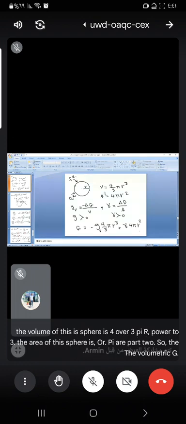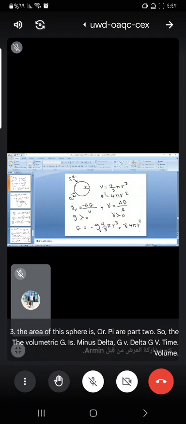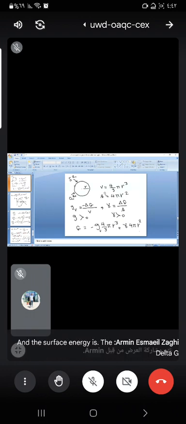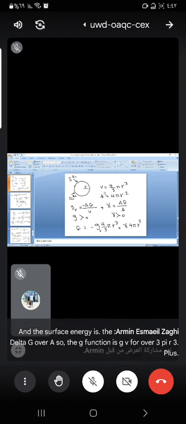So the volumetric G is minus delta GV times volume, and the surface energy is delta G over A. So the G function is GV times 4 over 3 pi R3 plus gamma times 4 pi R2.